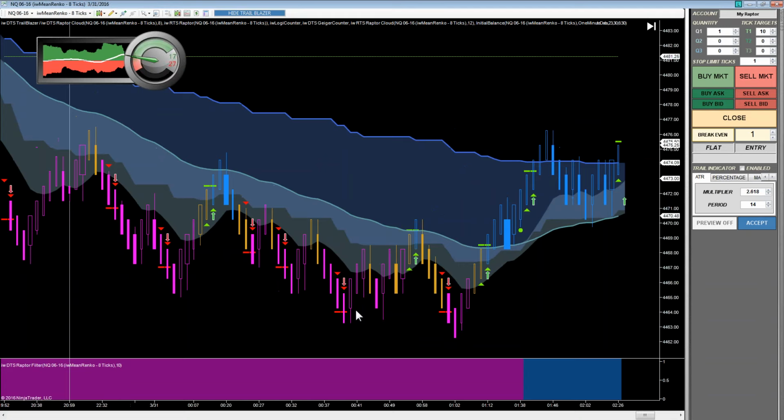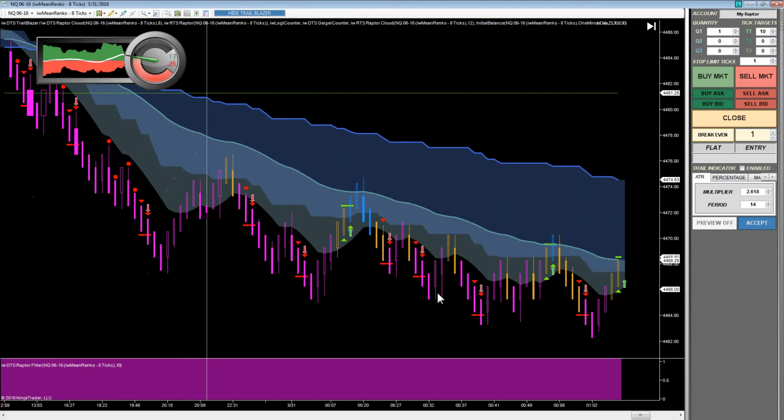Again, with the Raptor, the more times a signal repeats itself, the less likely it is that it's going to have any duration to it. So you don't want to see hard edge bounce, hard edge bounce, hard edge bounce. Because remember what happens every time the market retreats into the hard edge.